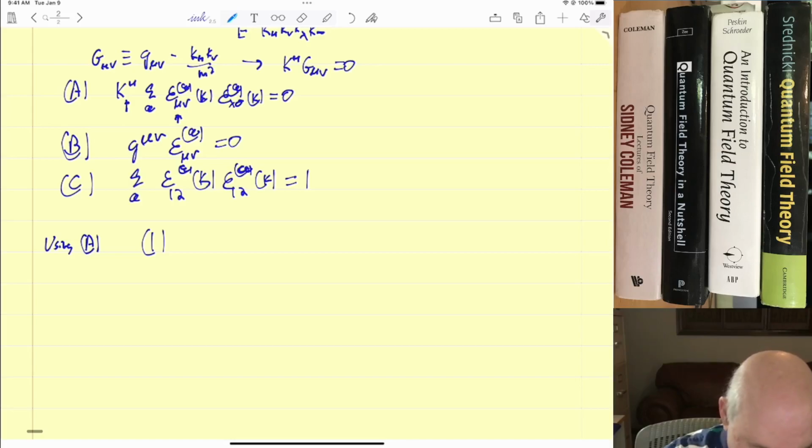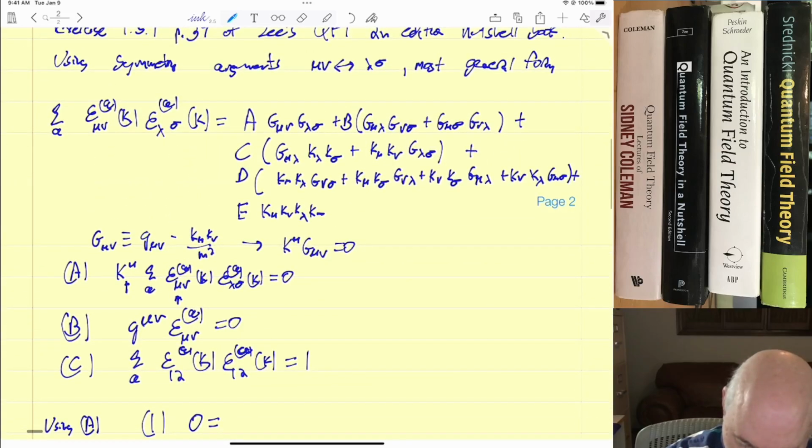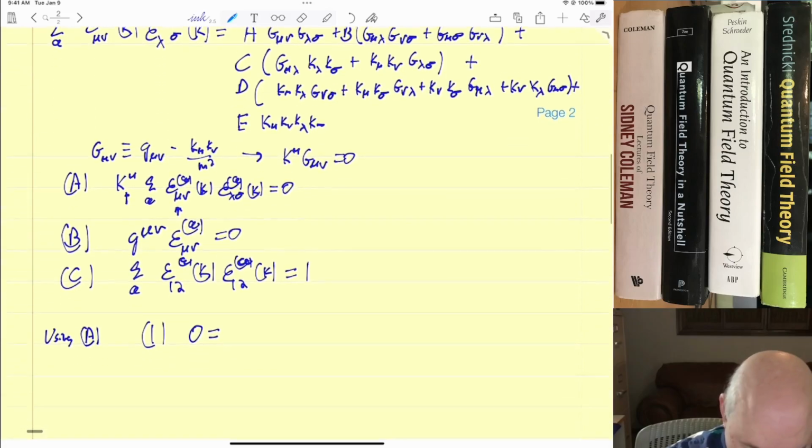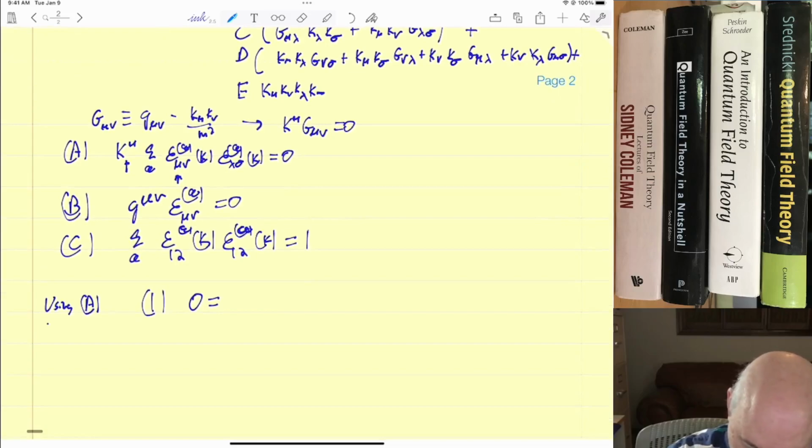So I'm going to get 0 is equal to, because we're basically multiplying this equation over here by k mu. I'm just going to use condition A over here.